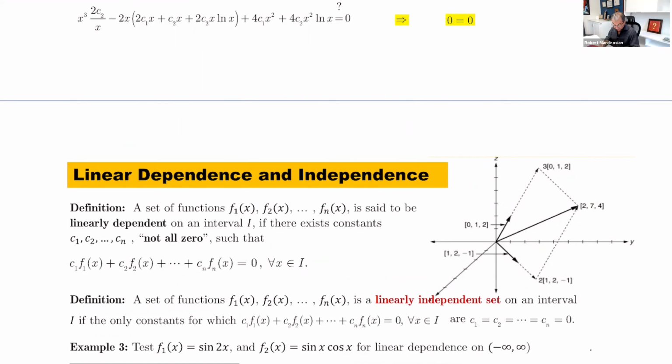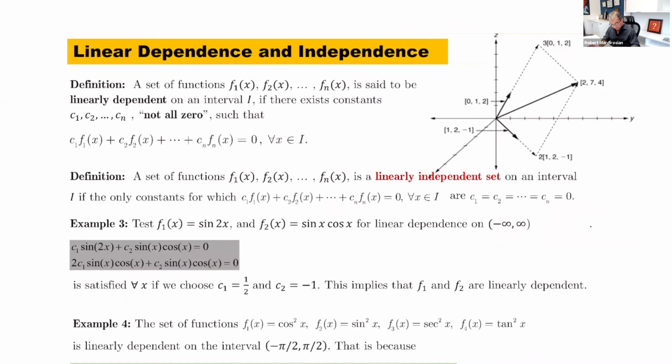That's very similar to linear algebra when two vectors are linearly dependent and independent. I do have a video on that, so please watch that video. It's going to make sense. You just have to know the meaning of linear dependence and independence. If you have a solution set, and every member in that set is linearly independent, then you can say that's the general solution.